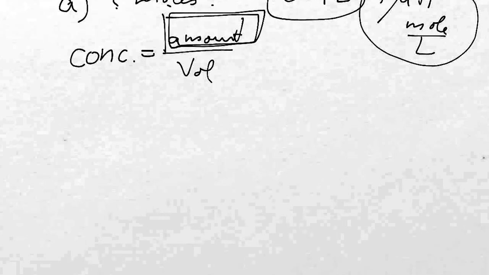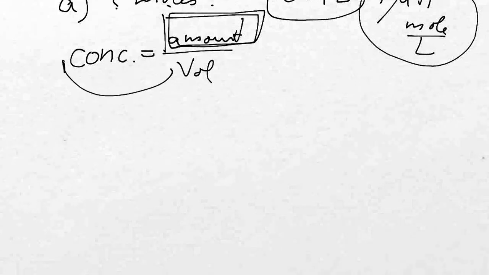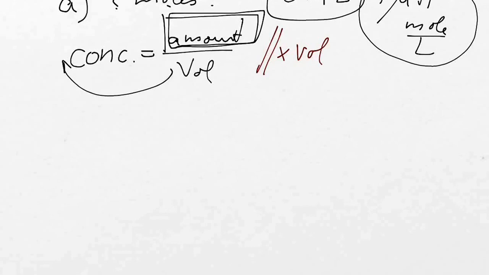What do we do in order to rearrange this equation? We bring the volume to the other side. Yeah? So we multiply both sides with volume. I'll just do it slowly in this case. We multiply both sides with volume.